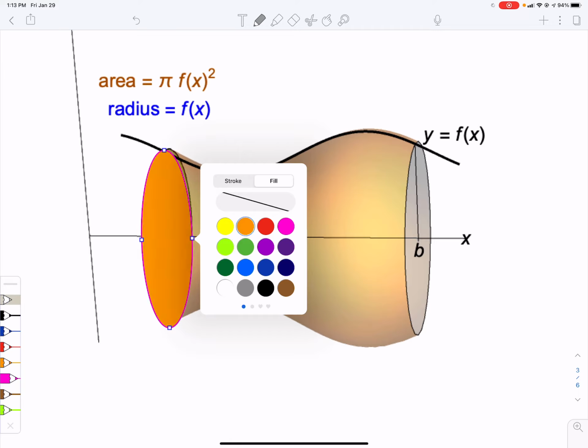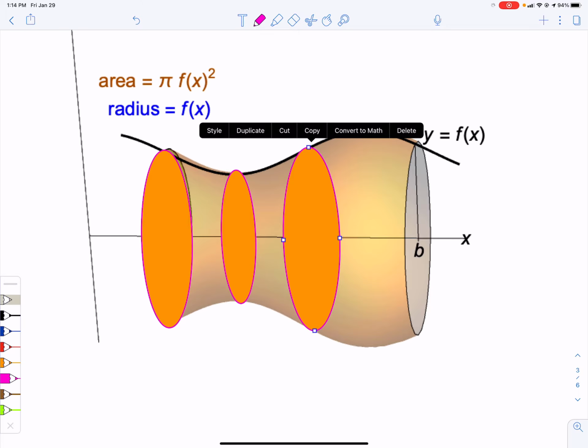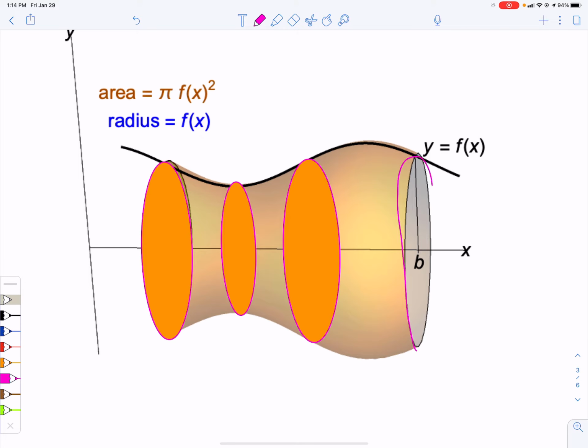That's orange, that's not gold. That's cool. So we're going to do a bunch of these. That's not a disk. There we go. That's better, not perfect. And we keep on going till you get to the last one at the end here.